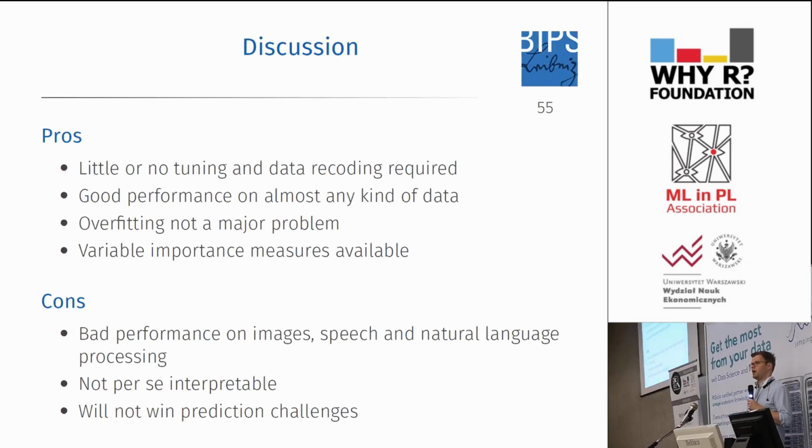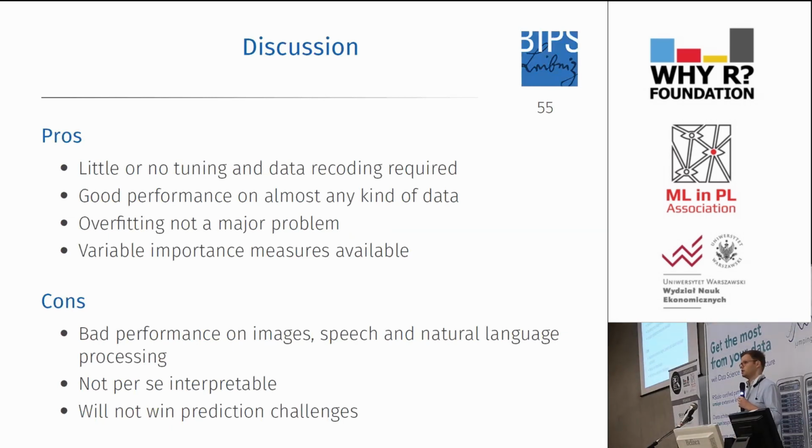Variable importance measures are available, and several good methods for that. On the other hand, you have bad performance on image, speech, and NLP data, random forests are not per se interpretable, and usually you won't win any prediction challenges with it.